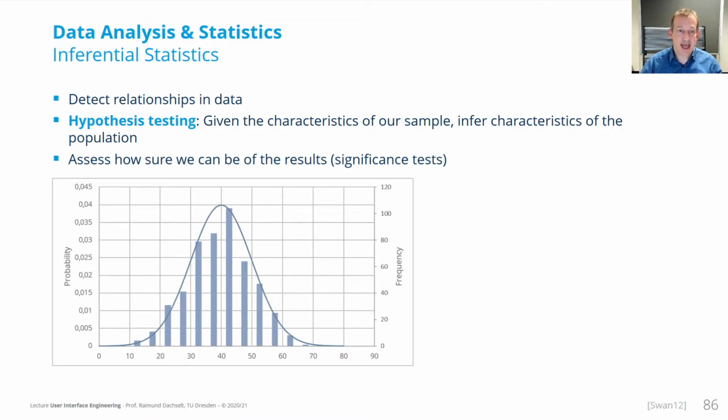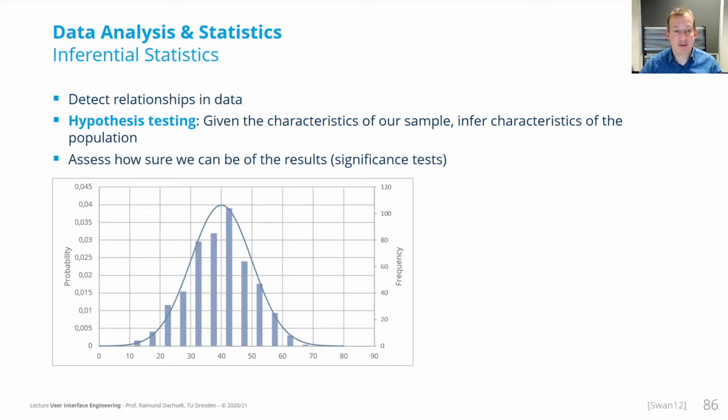And the idea is to detect the relationships in your data. One important part of inferential statistics is to test hypotheses. So given the characteristics of our sample, in this case maybe given the age distribution, or the height or weight distribution of a population, or in our example, given the task completion times of all the participants in your data set, we would like to infer some characteristics from that.